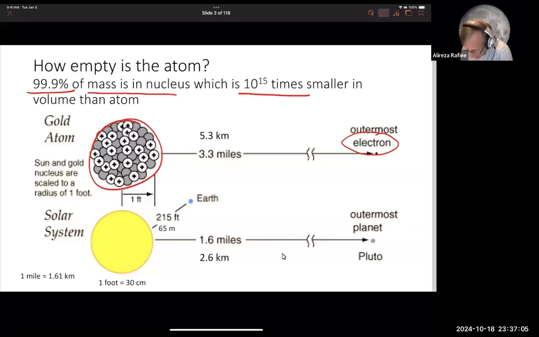Now, in a simple scaling, you can take the solar system and scale it such that the entire Sun is like a basketball with a diameter of about 30 centimeters.